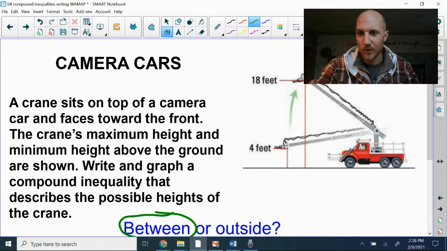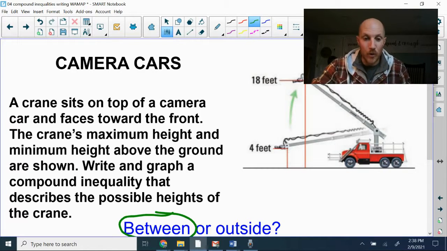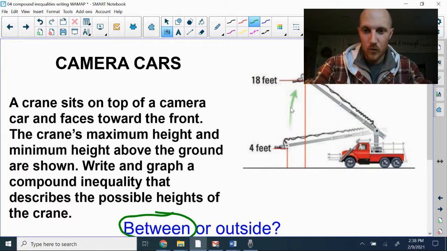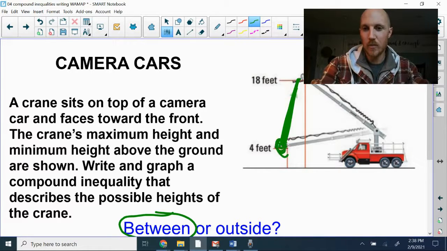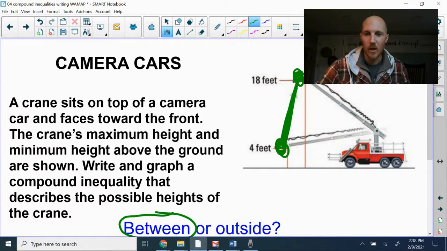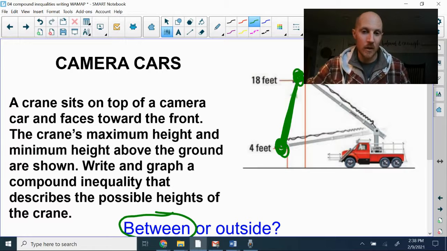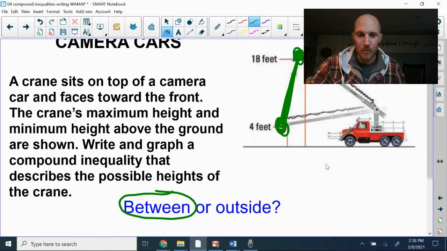That's the whole thing about having an adjustable camera. You can do anything inside of that range. So if you imagine our number line going up and down, we'd want to have one boundary at the 4 feet, one boundary at the 18 feet, and everything in between those two numbers is what's possible.